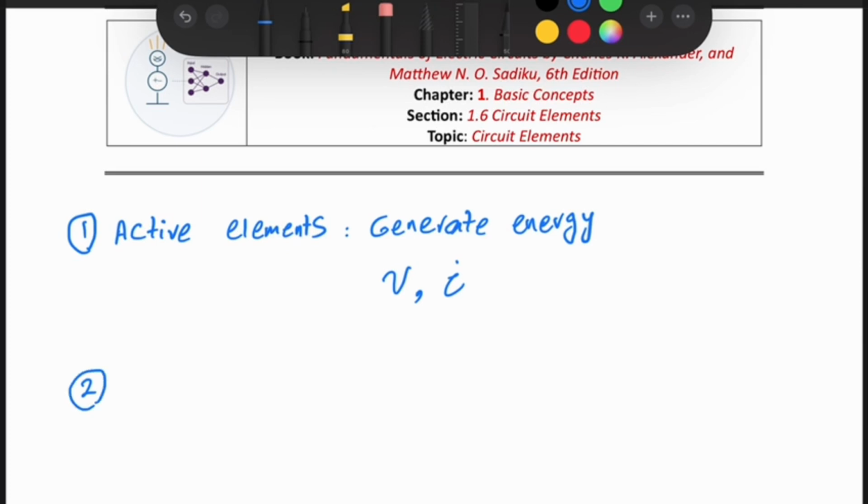The other type is passive elements. That can store or dissipate energy.